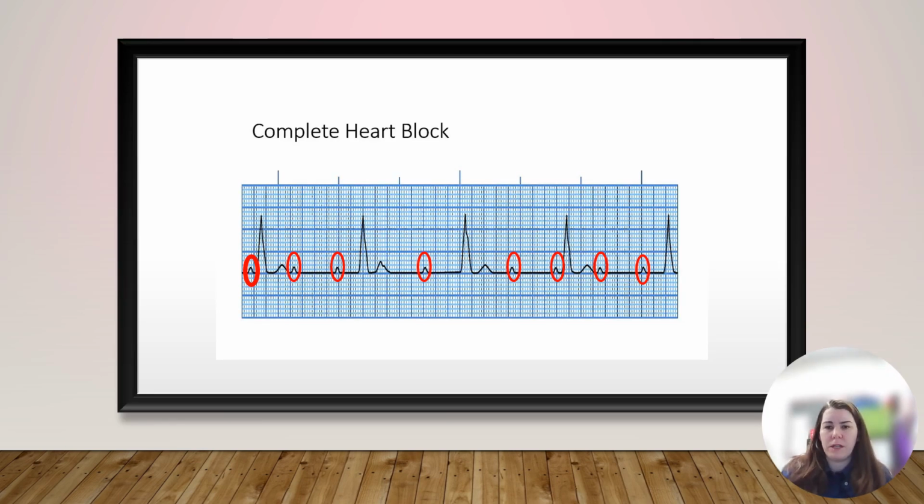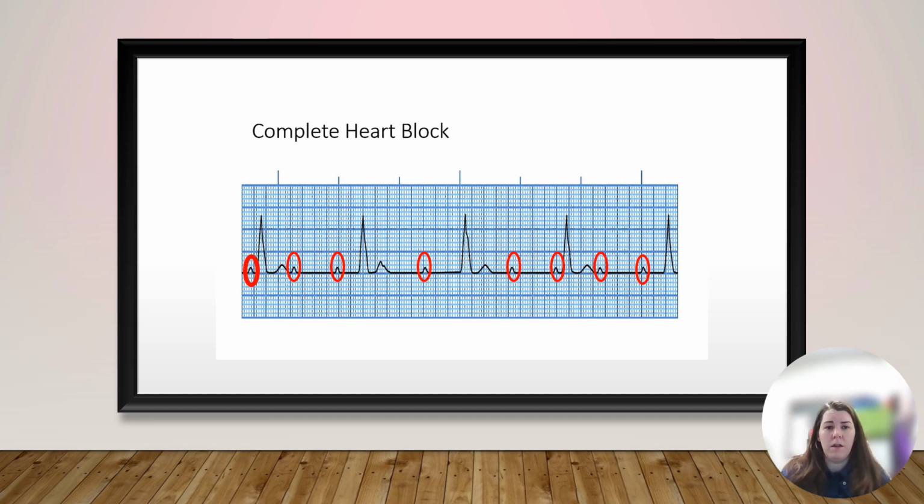I'm a visual person and I really like these images. So here in the red circles, you can see all of the P waves. Some of them are not associated with any QRS complex, which then indicates that impulses are not making it past your AV node.